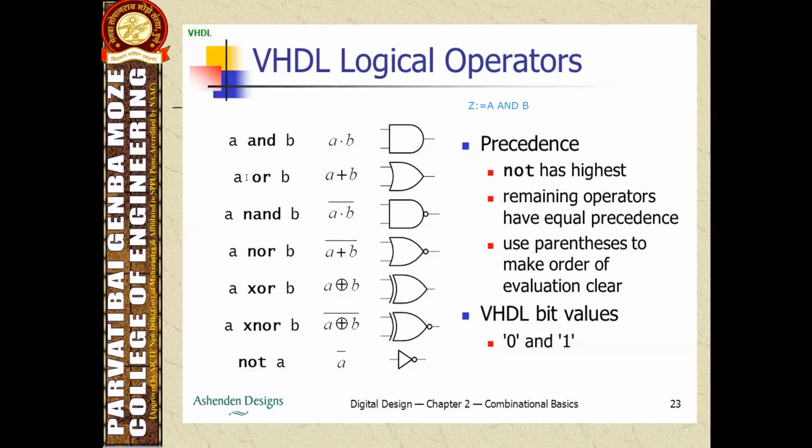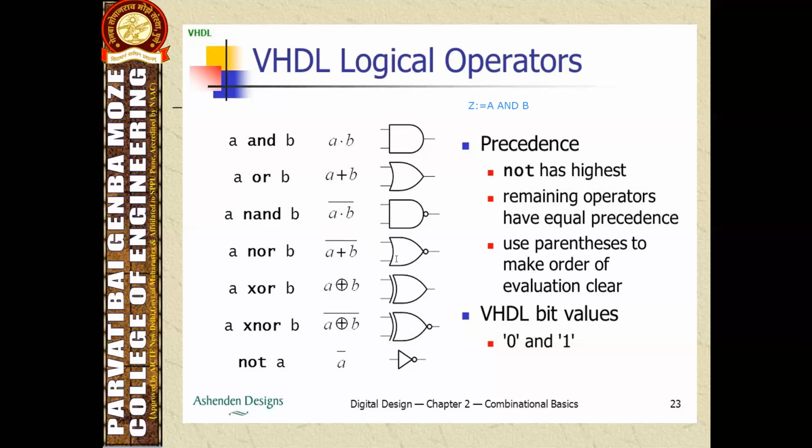For the OR operation, we should write A or B, which will perform the logical OR operation. Similarly, A NAND B should be used to perform the NAND operation. A and B are two input terminals, and the output is stored in Z. So for A NAND B, we have to write such code.